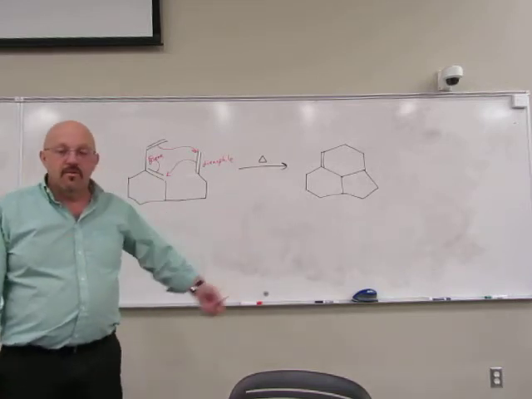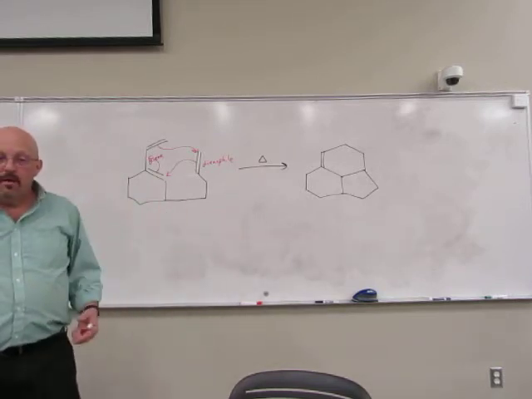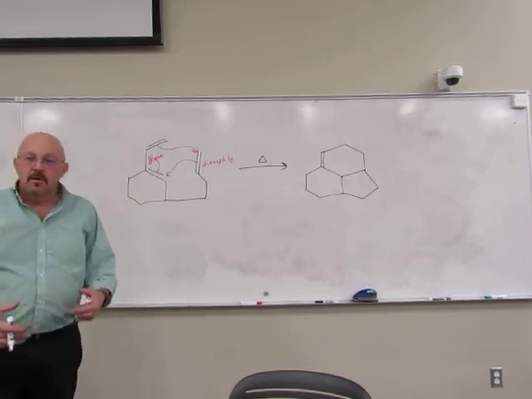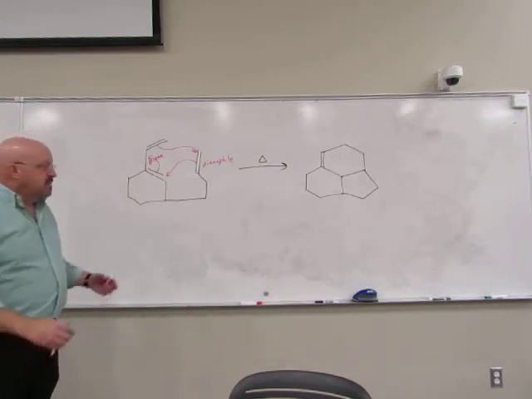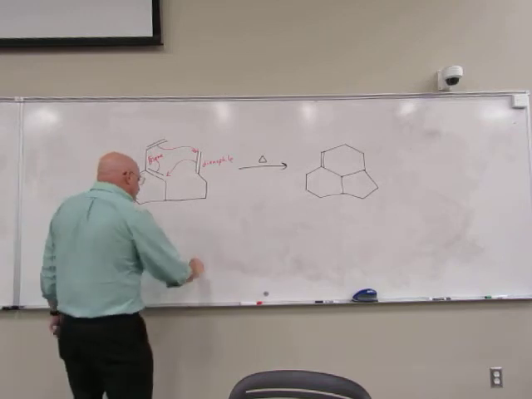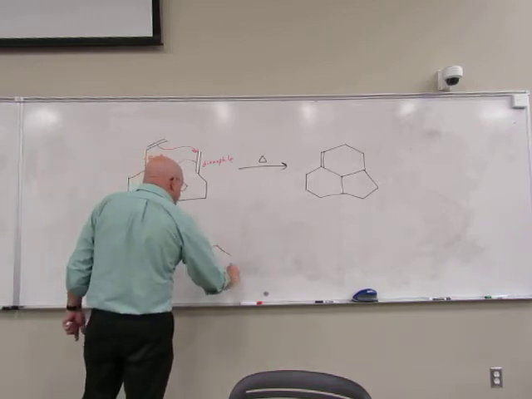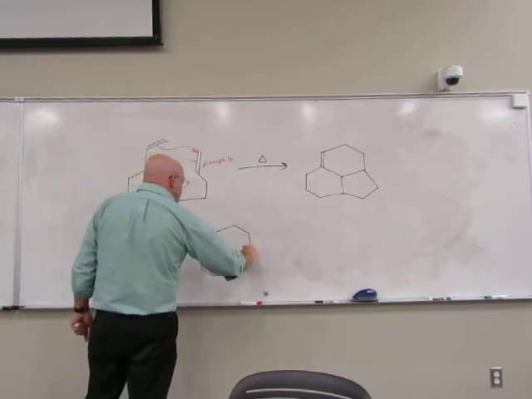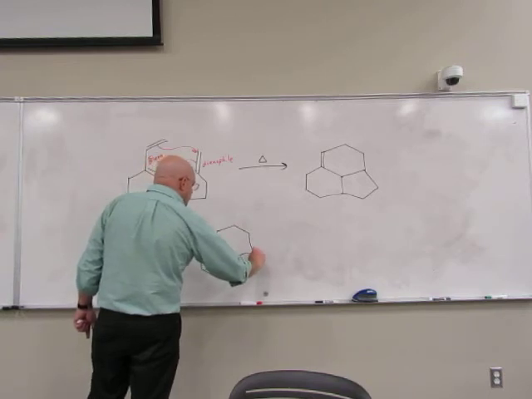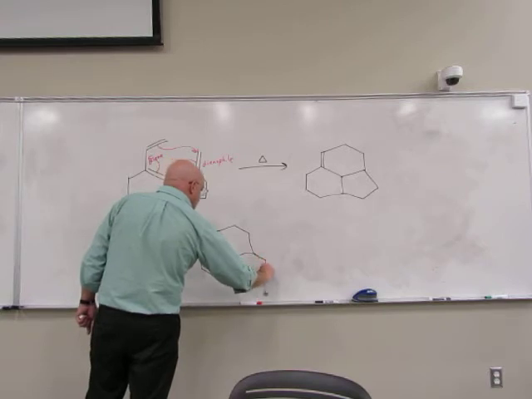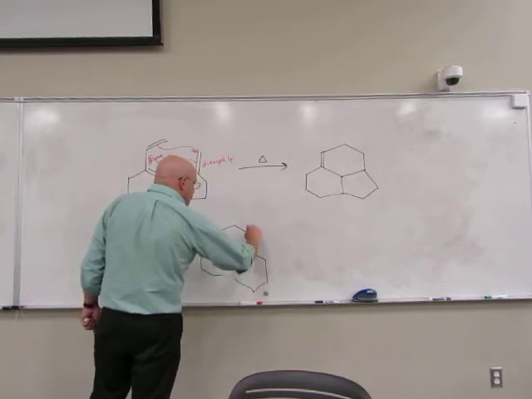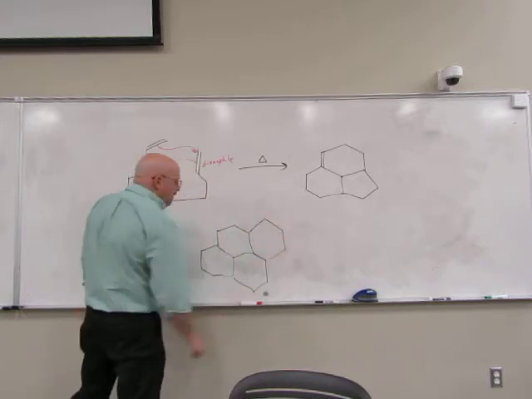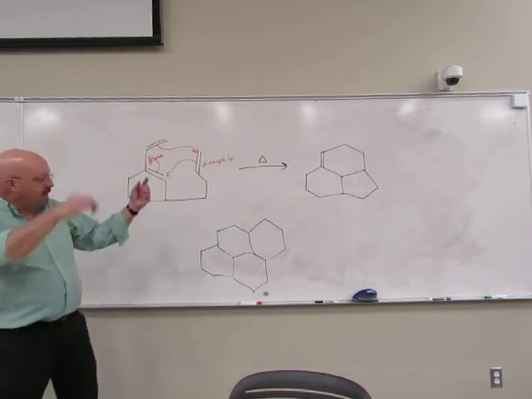I mentioned that Diels Alder is often used to make pharmaceutical drugs and steroids and things like that. I can't remember exactly the shape of a steroid, but a steroid has about four rings together, and then they've got different things coming off.